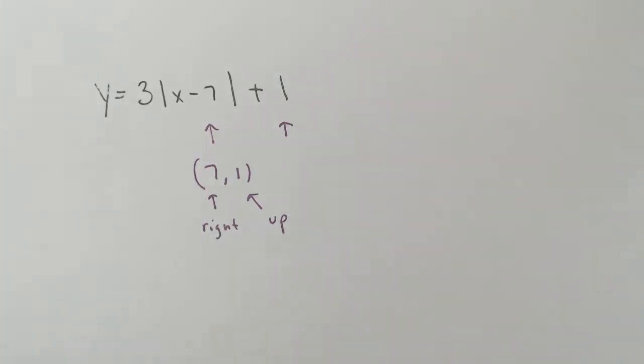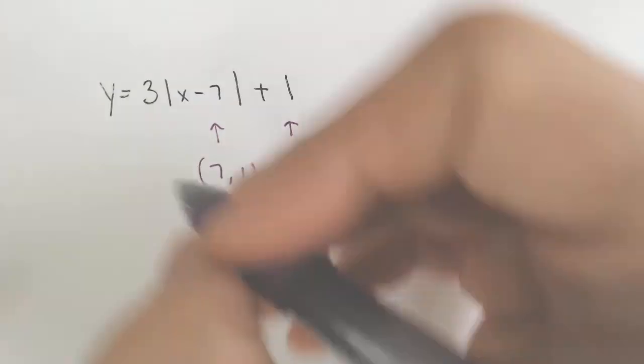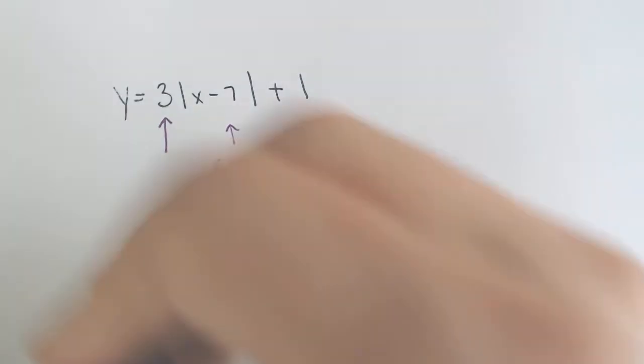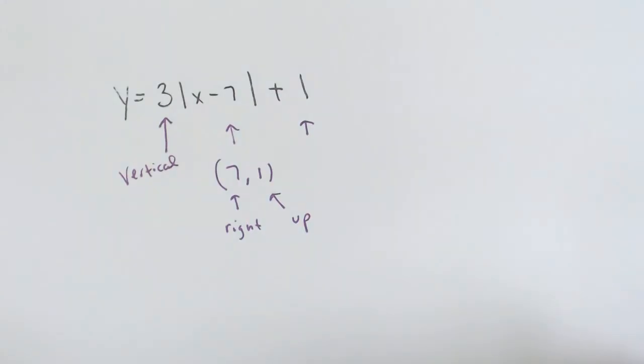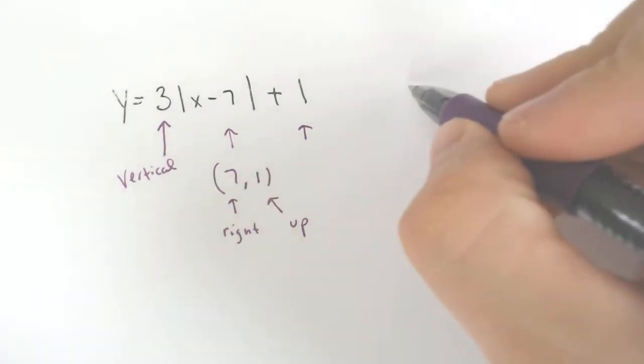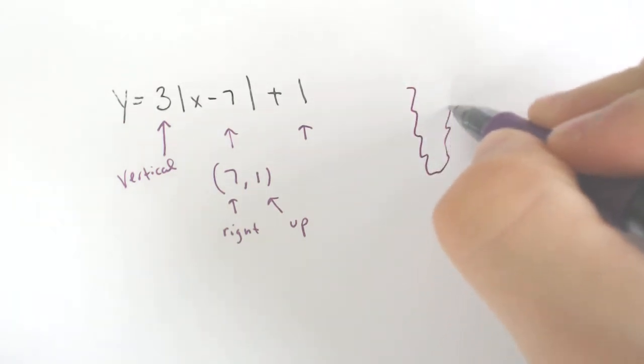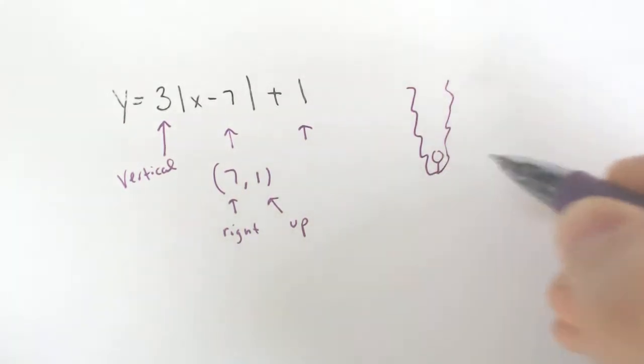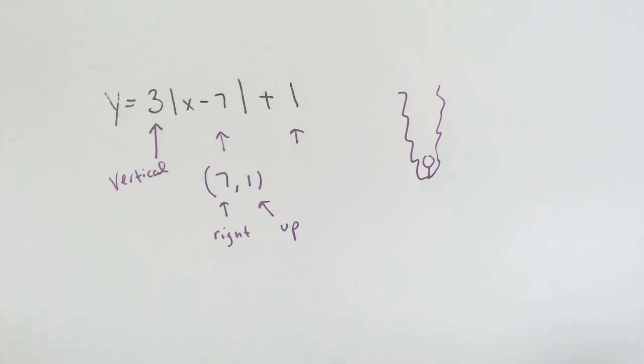It went to the right by 7, it went up by 1, and this 3 indicates that this is vertical. As far as stretching or compressing, that is based off of whether it is vertical or horizontal. If you think about it, if you had your arms here, and the reason they're squiggly is because somebody is pulling them either out or in or up.